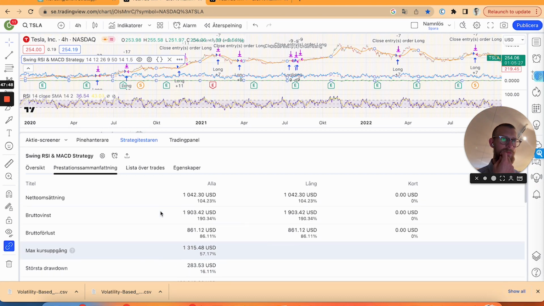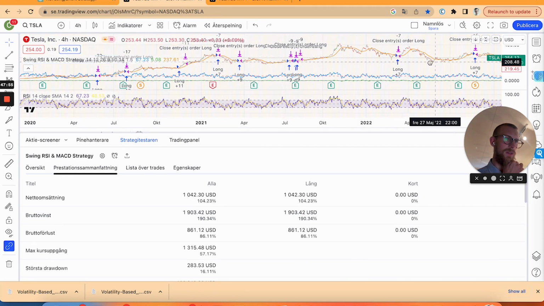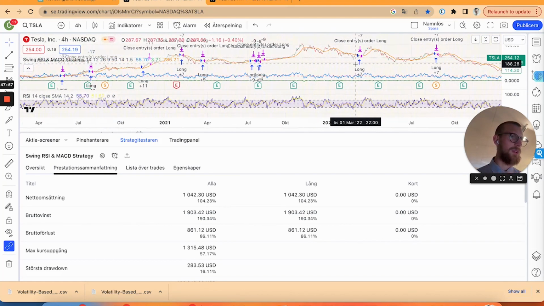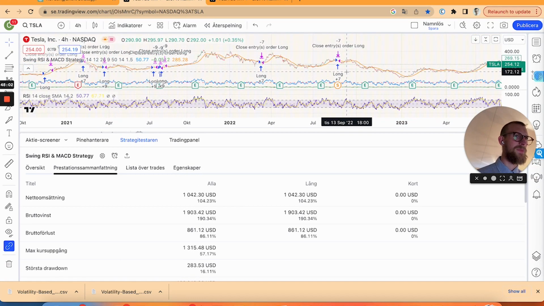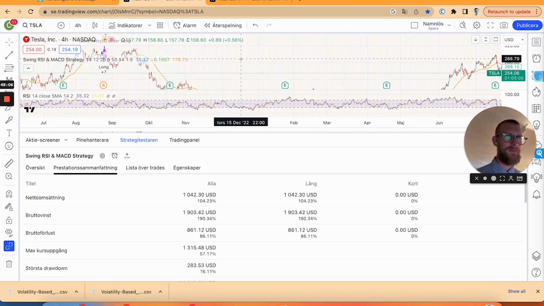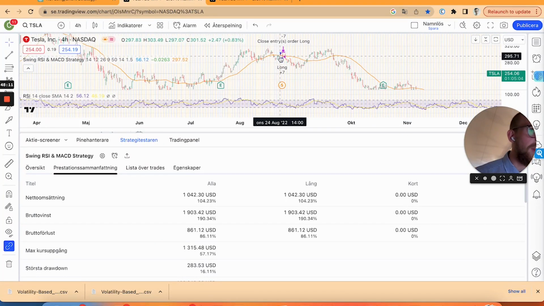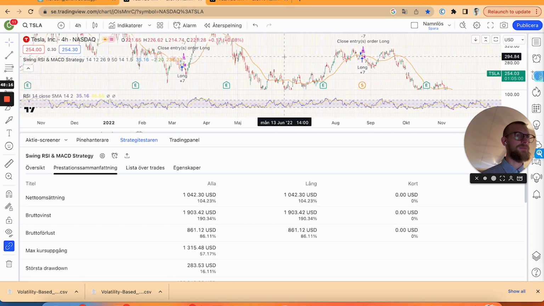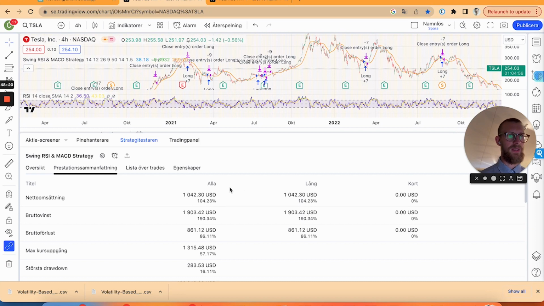Wow, it actually. I'm surprised that it only. Why is it doing this? Let's zoom in here. For example, it went long here and then it sold here. Why? I don't know. It's a combination between all of these indicators.